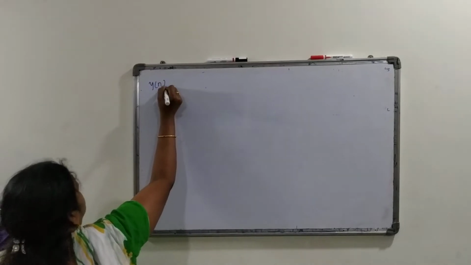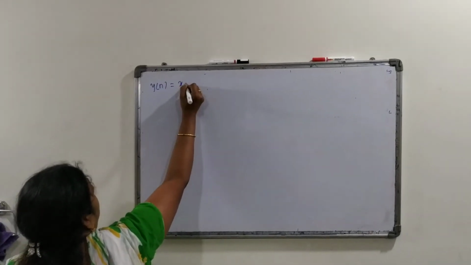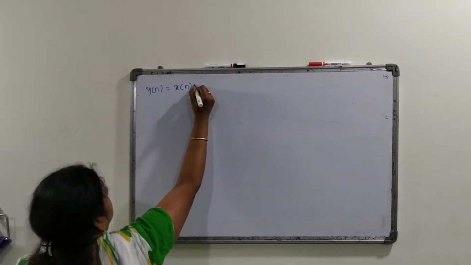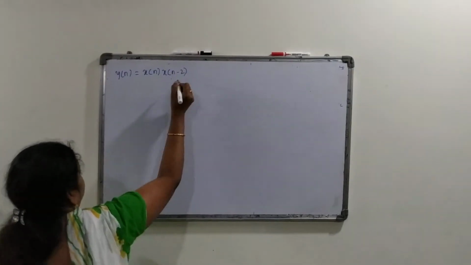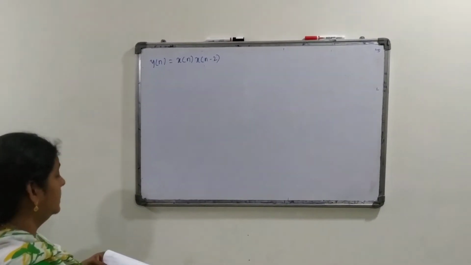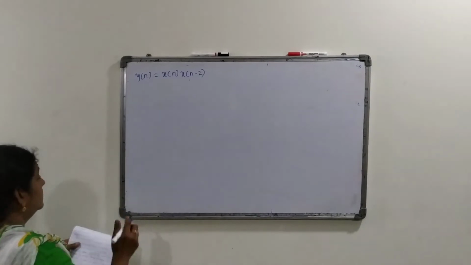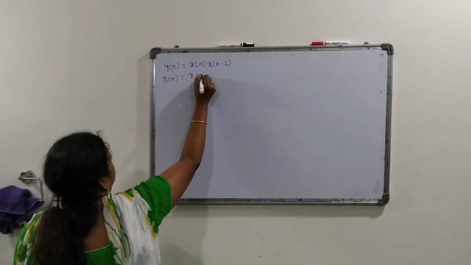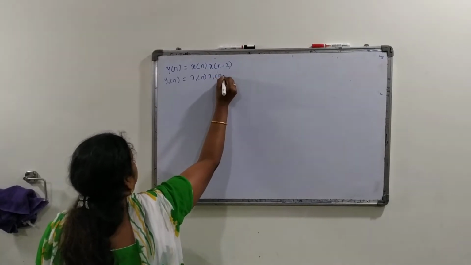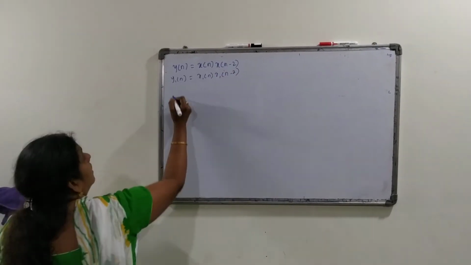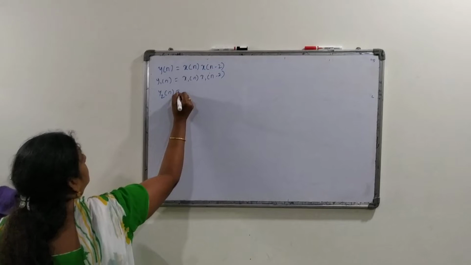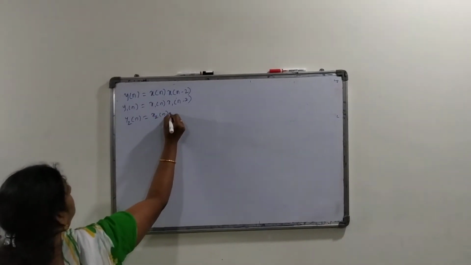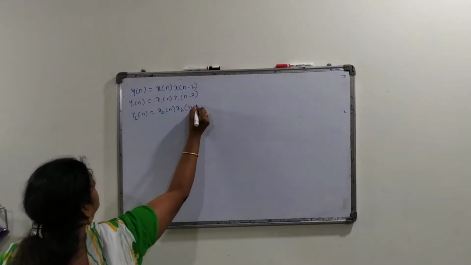y of n is equal to x of n into x of n minus 2. So as usual, you take y1 of n here. This will be x1 of n into x1 of n minus 2. Then y2 of n, you take, it is x2 of n into x2 of n minus 2.